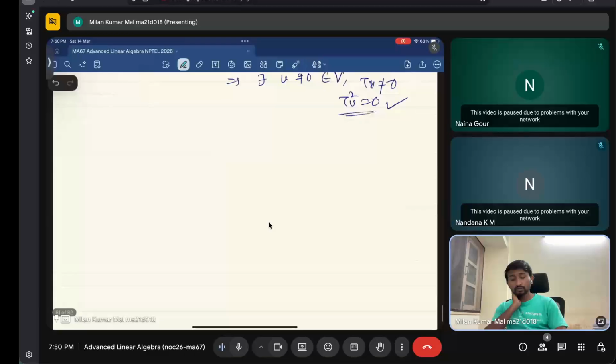Okay. If I just want to say what the primary decomposition is trying to say, then this will be clear. Suppose you have factors (x minus c1) to the power m1 and (x minus c2) to the power m2. This is the minimal polynomial.